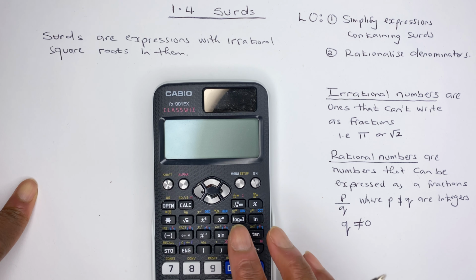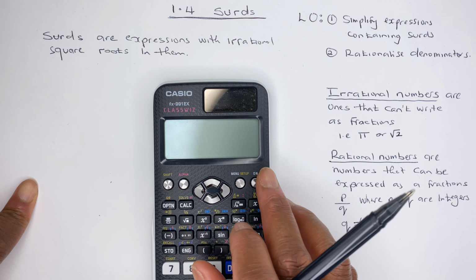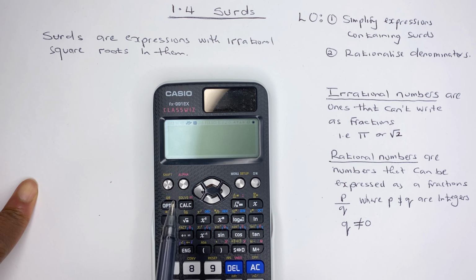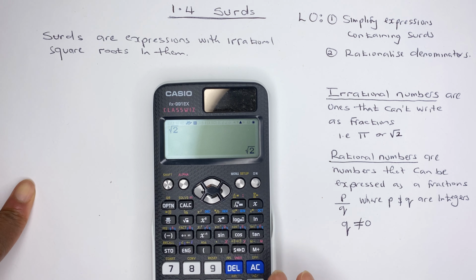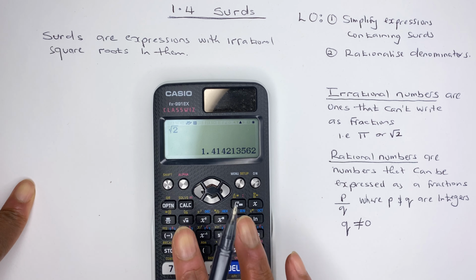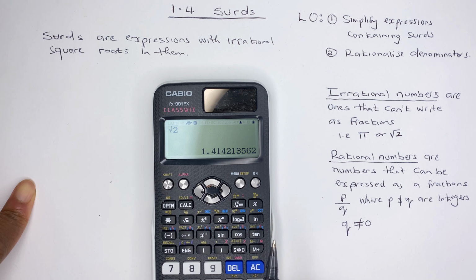For instance, if I do the square root of 2, the calculator still shows root 2. If I use the SD conversion, I will get a continuous decimal. So I will never get an exact value in decimal. The value just continues forever. And that's why it's irrational.